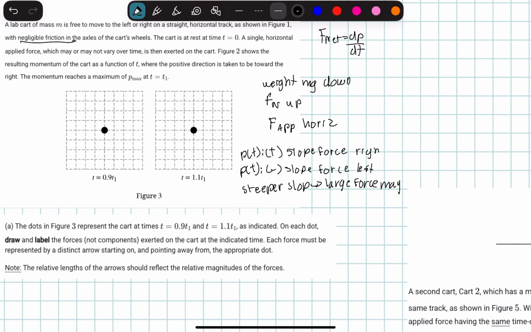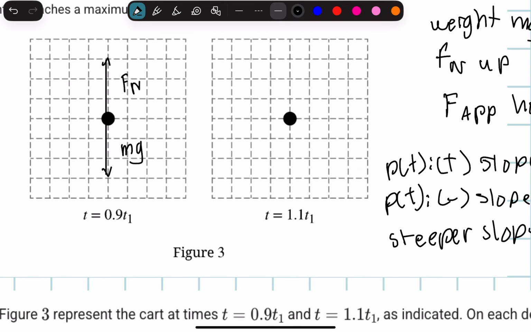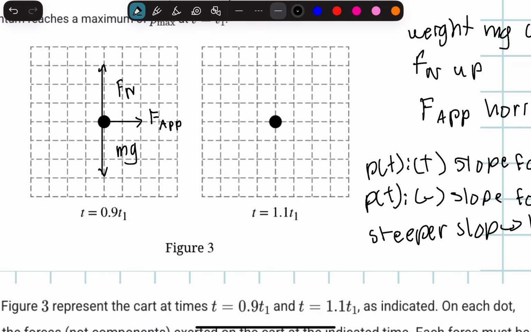So then for this, we can draw mg here, and then we can draw Fn here. To the right, we have F applied.